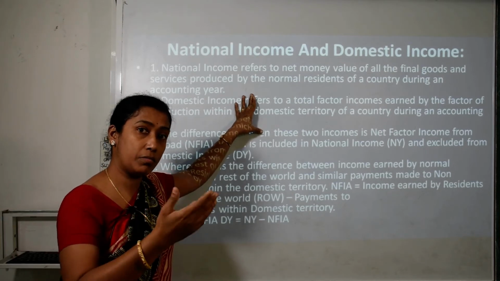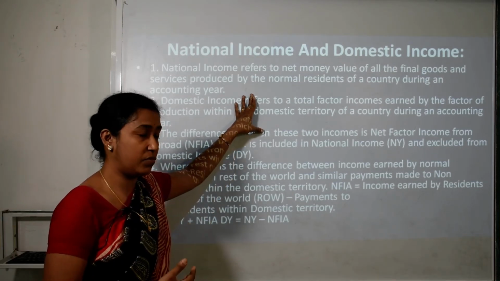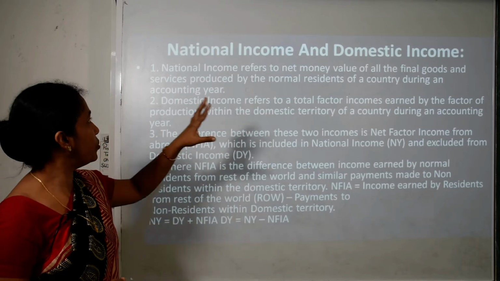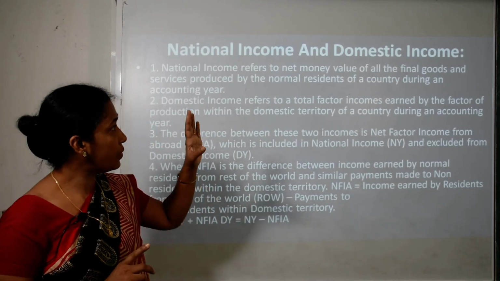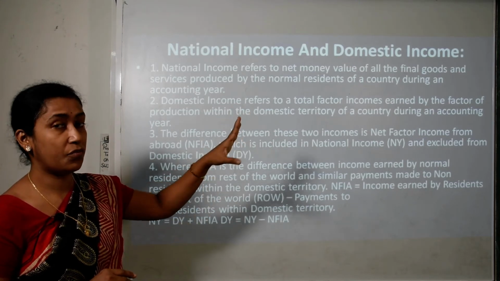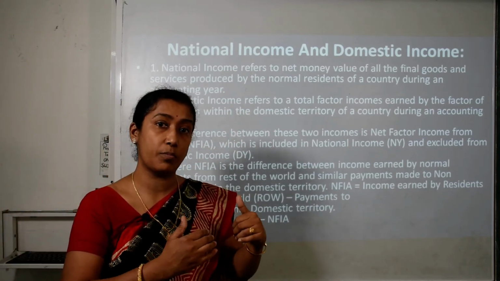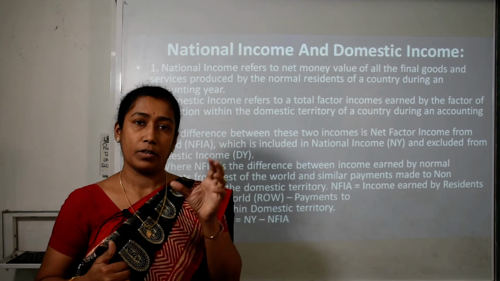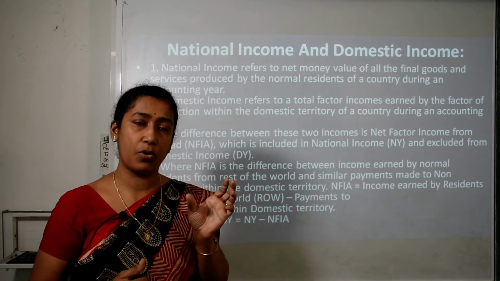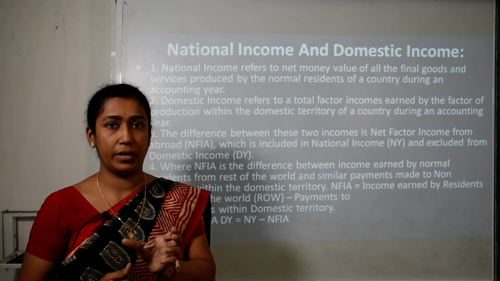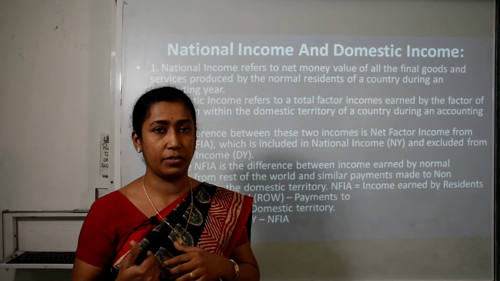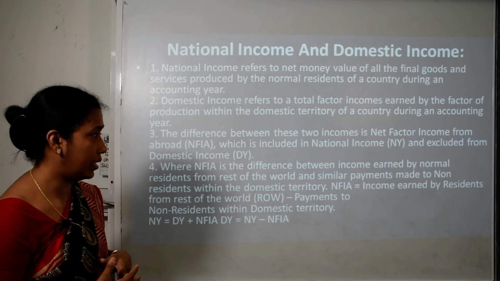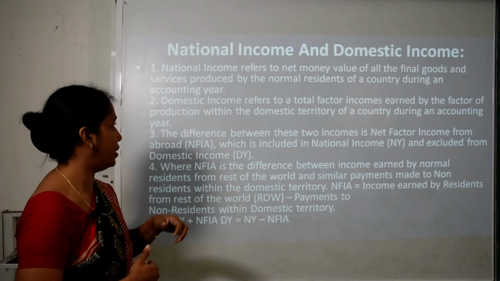If you remember, we have discussed normal residents of a country in the previous videos. During one financial accounting year, the net money value of all the final goods and services produced by all the normal residents of the country is considered as national income.